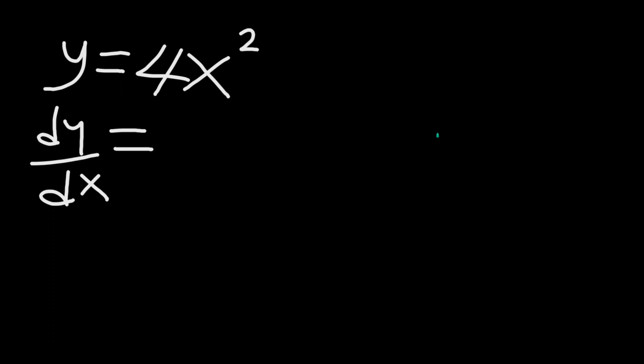This will give me 2 times 4, and subtract 1 from the exponent. So 2 minus 1 will give me 1. If you like, you cannot write this 1, so I decided not to write it. So I have 2 times 4. So finally, I will have 8s.